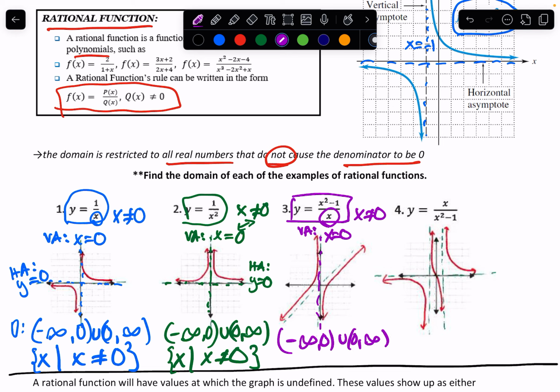And if we write it with set notation, x such that x cannot equal 0. We don't have a horizontal asymptote for this one, but we have a slant asymptote, which is y equals x. Again, we'll look at how to figure these out in a little bit.